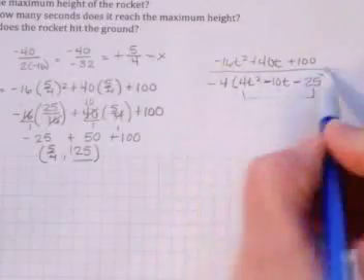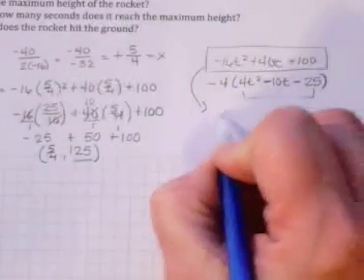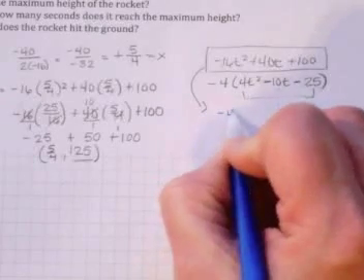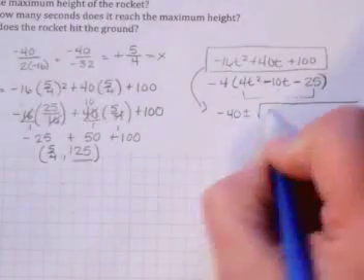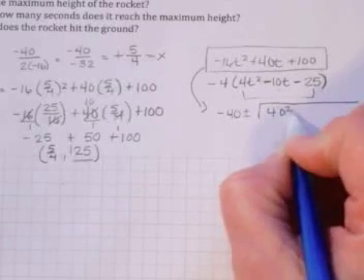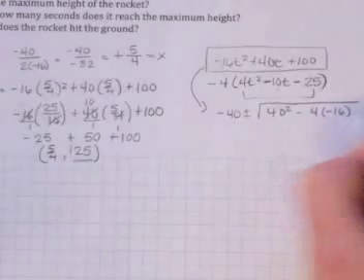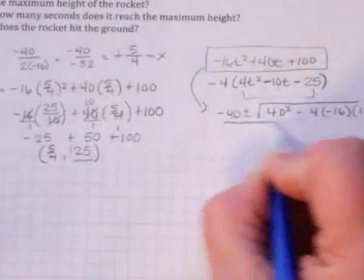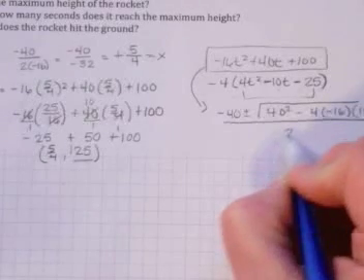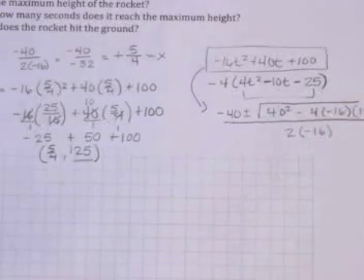So I'm going to grab this equation, and we have negative b plus or minus the square root of b squared minus 4 times a times c, all over 2 times a.